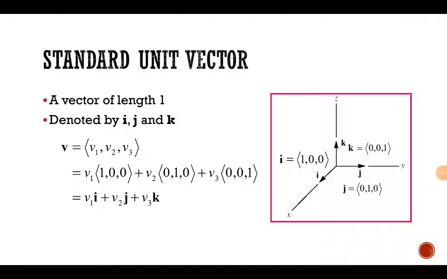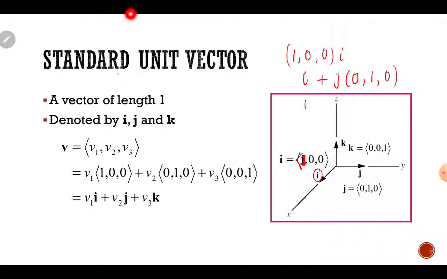And from just now we have been looking at unit vectors, standard unit vectors, a vector of length 1. So a vector of length 1 means we have vector I. This I corresponds to a vector that only has the x component, where its value is only 1. So we have I as 1, 0, 0, meaning 1, 0, 0 multiplied by I. So we have I, plus, we have J, which is 0, 1, 0.